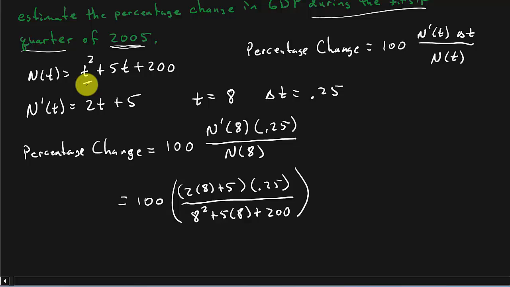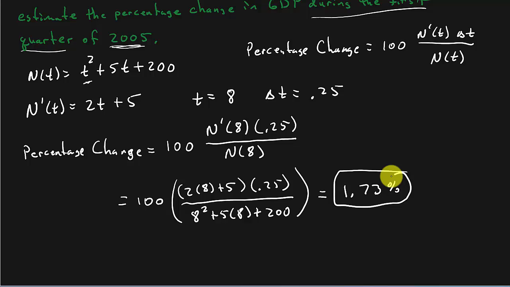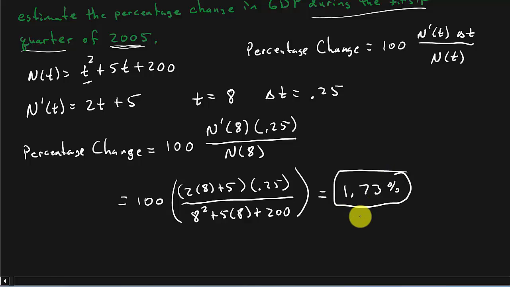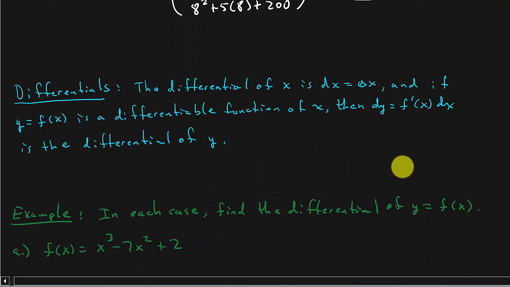We plug the 8 in for N of 8. And that ends up giving us 1.73%. So it's just 1.73%. We're talking about billions of dollars, so whenever you see a change of billions of dollars, you think, oh gosh, that's a lot. But you've got to look at it against the total and see it's just 1.73%.